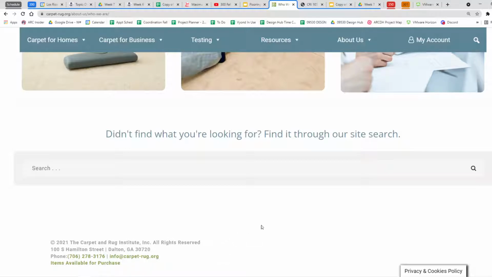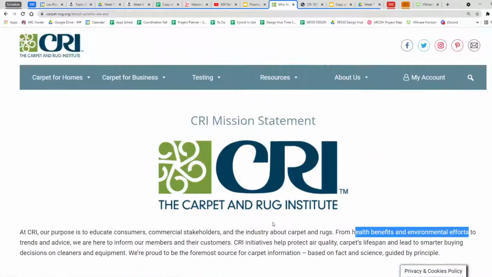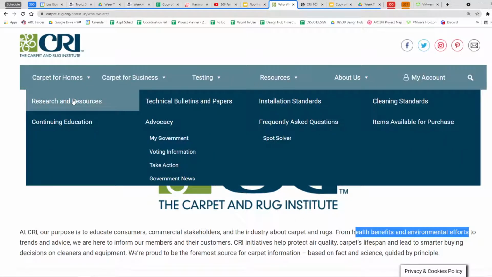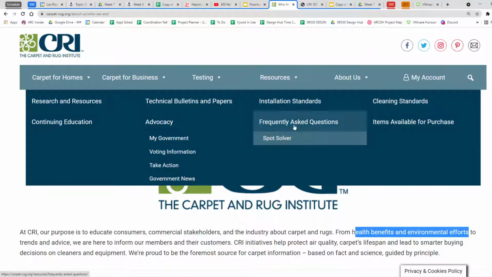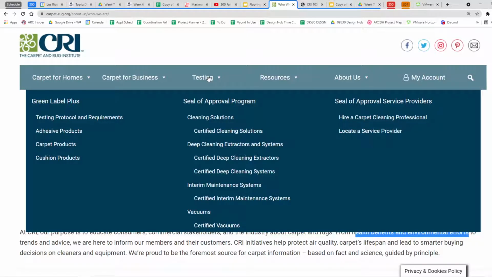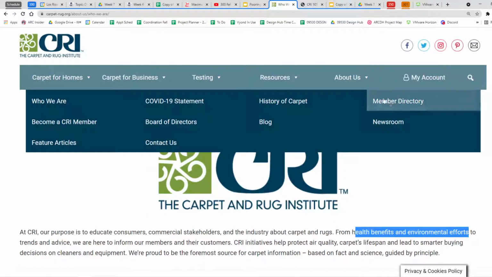Still trying to find everything about who they are. It doesn't really say their list of government news, testing, right? So they do stuff. Oh, there's the member directory. There it is.